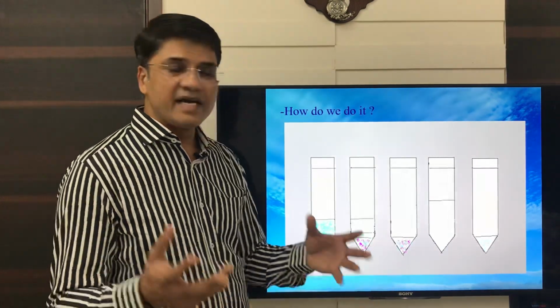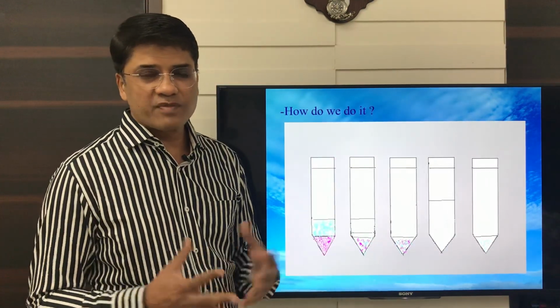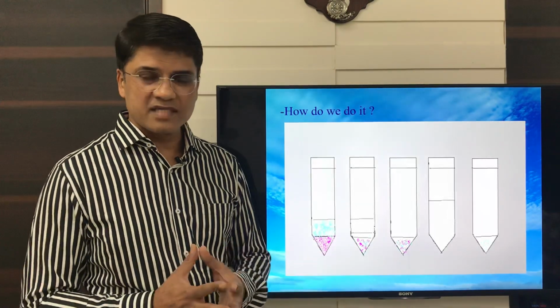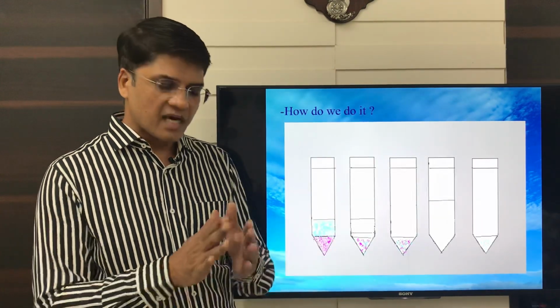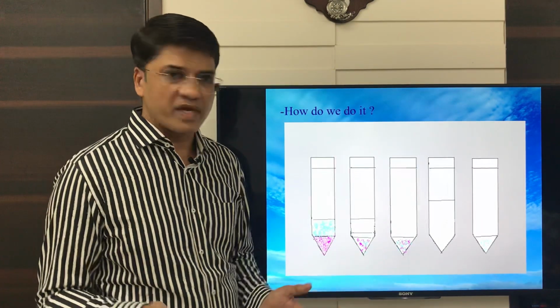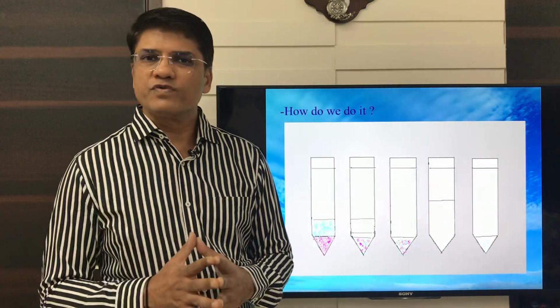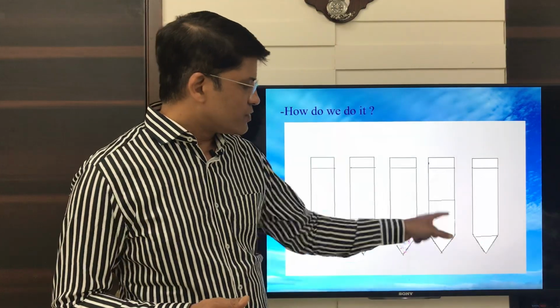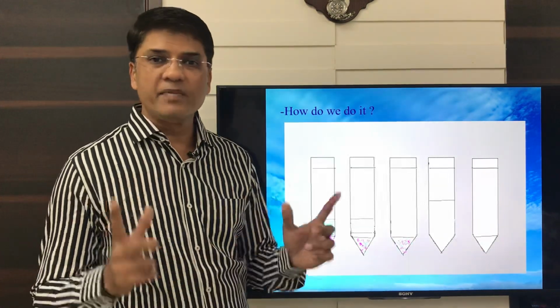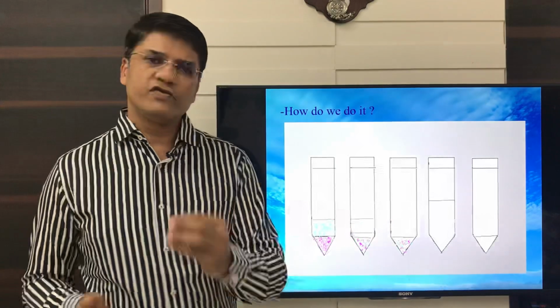The reason being, it is not only the sperms, but a lot of density particles are there. So the next concept is separating them as much as we can. The kit comes with the washing solution. So we will add 5 ml of pre-equilibrated washing media. Again we will centrifuge for 5 minutes.